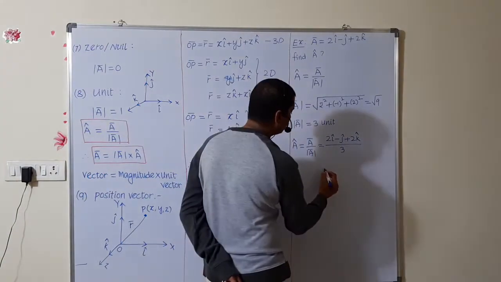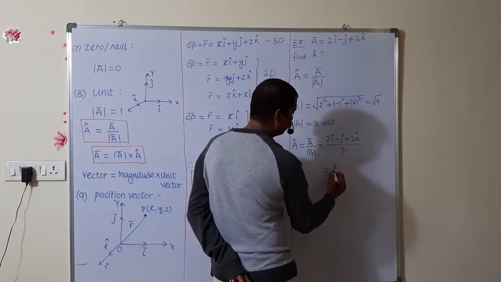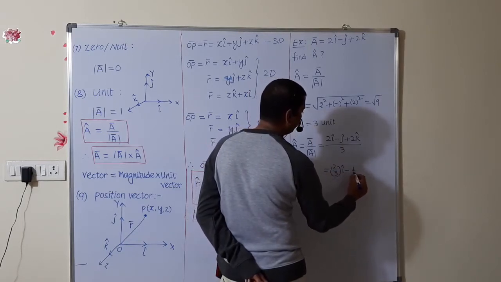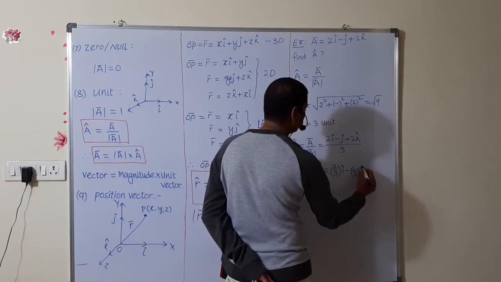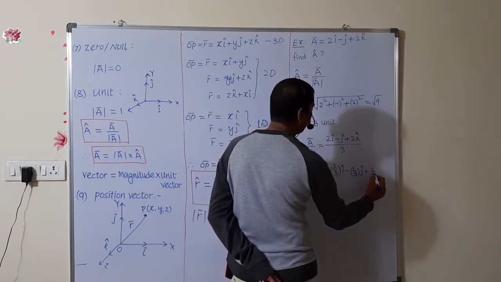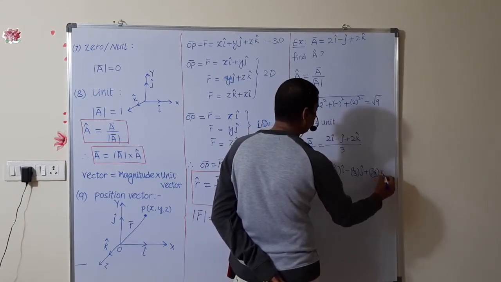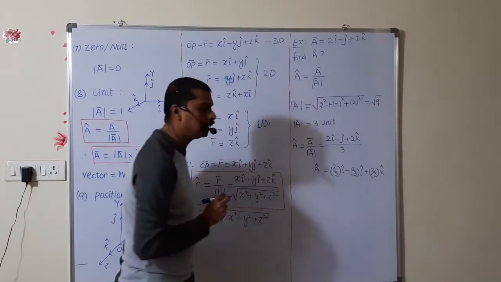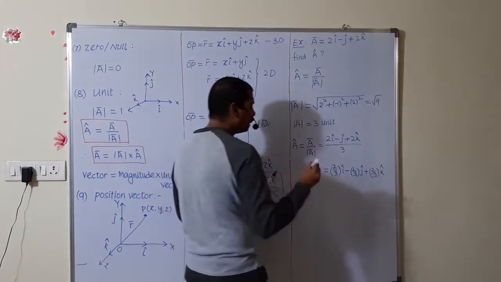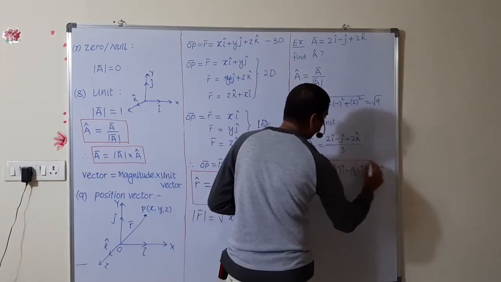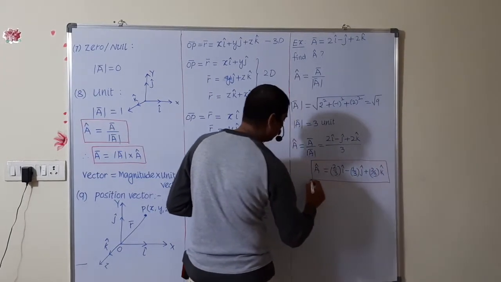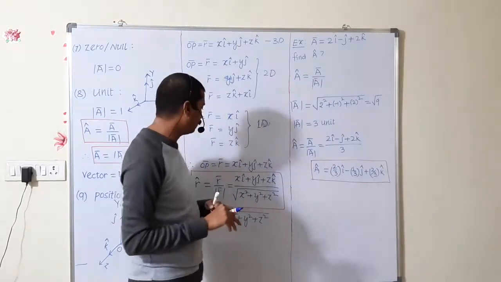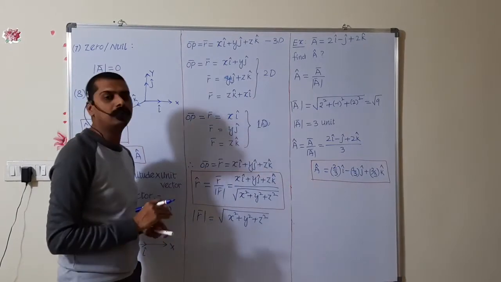Otherwise, if you want to separate it, 2 upon 3 i cap minus 1 upon 3 j cap plus 2 upon 3 k cap. This is the final formula for the unit vector. Like that, we have to find the unit vector. Here we are taking A as the position vector, and by using the position vector only, we are finding the unit vector.